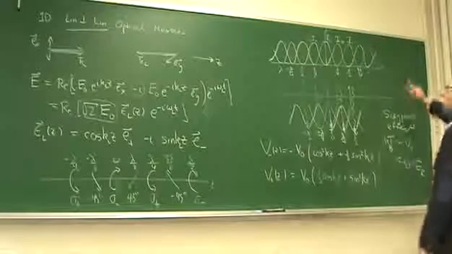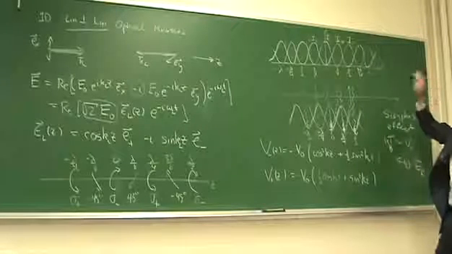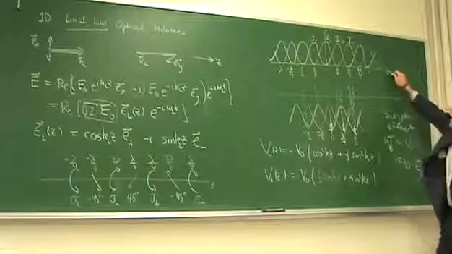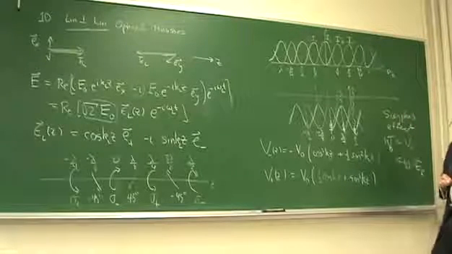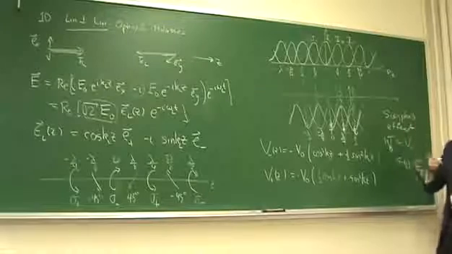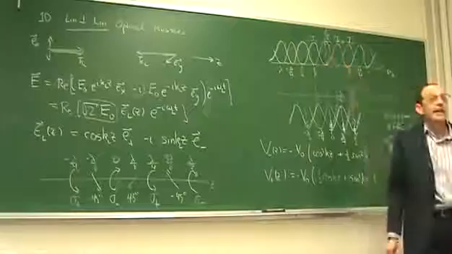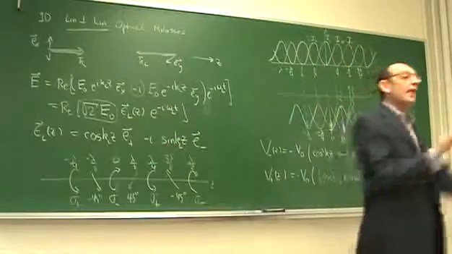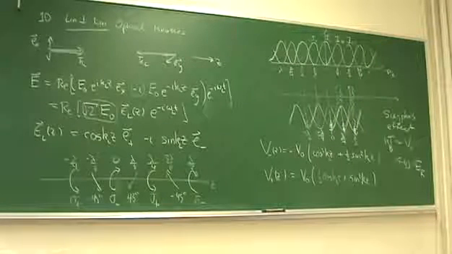And so what's sketched up here on top is the intensity of the electromagnetic field, which is a superposition of two standing waves. A standing wave for sigma minus light and a standing wave for sigma plus light. These two fields here. They are phase shifted by a quarter of a wavelength relative to one another.